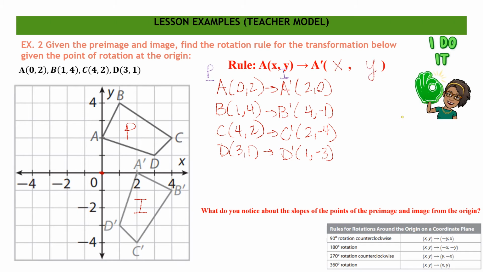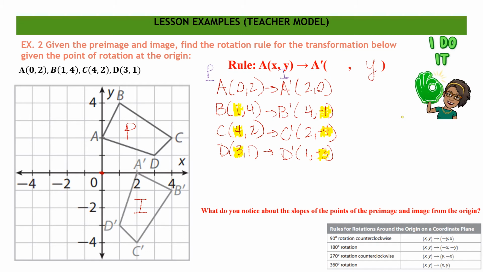Now the second observation that we can see is that my X coordinates, when switched to become my Y coordinates, have also switched signs. So I see that for B to B prime, I can see that from C to C prime, and from D to D prime. So if they've switched, that means that now my Y coordinates, oh, I made a mistake here.